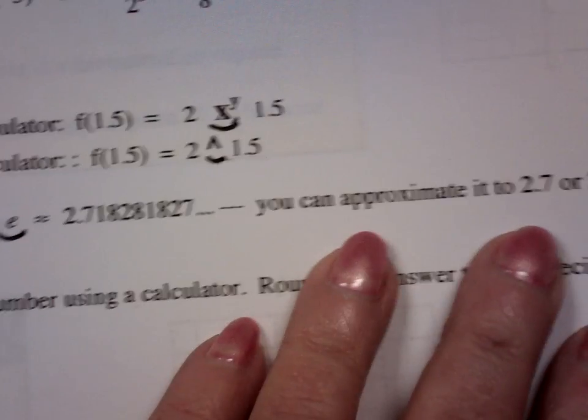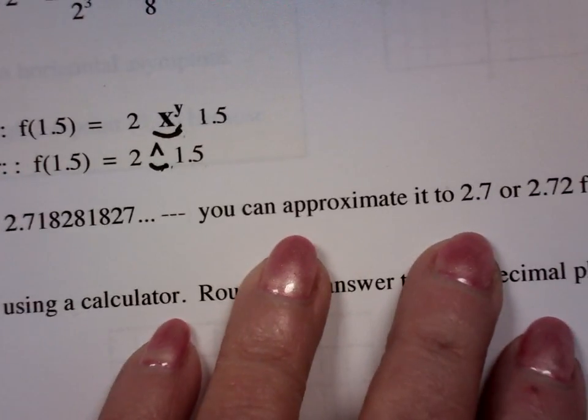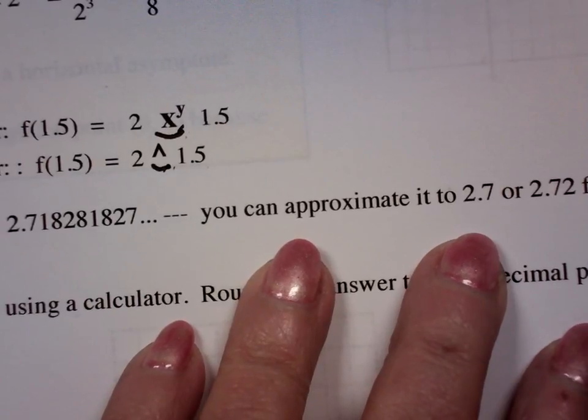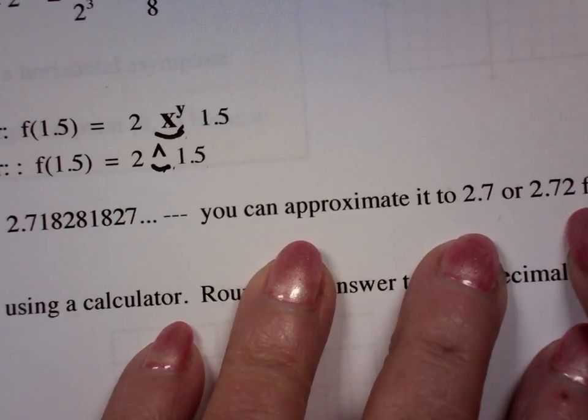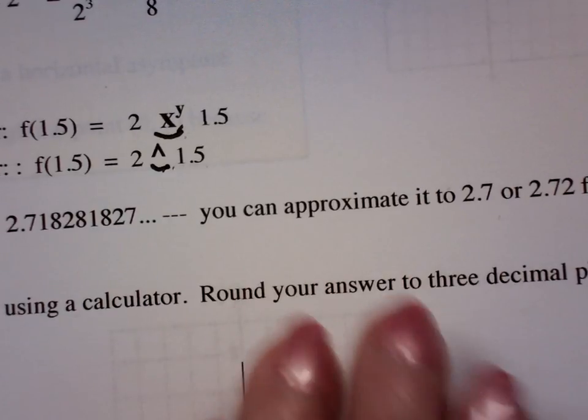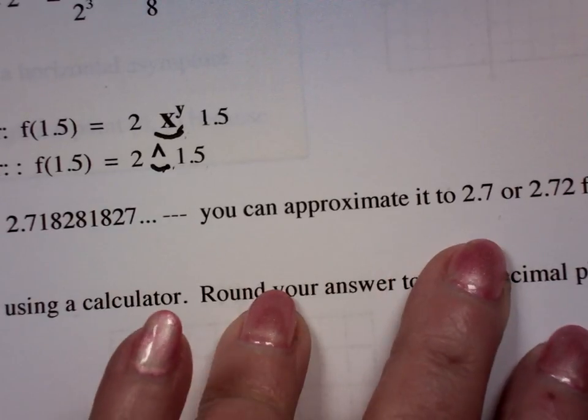We often approximate it by either a 2.7 or 2.72, depending upon the accuracy. If I'm graphing, I might use 2.7. And if I'm doing an application problem, I may take it out to 2.72 because I need more accuracy. But if I'm graphing, lots of times 2.7 is a good approximation.